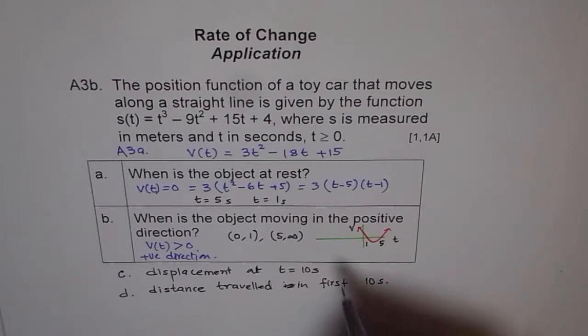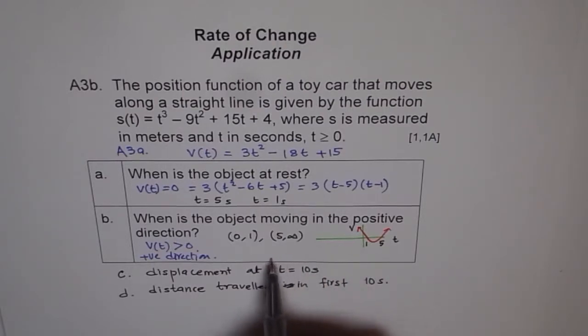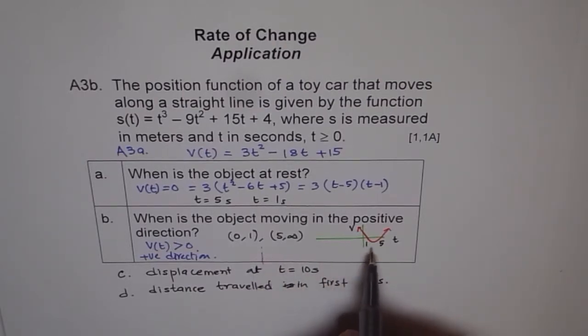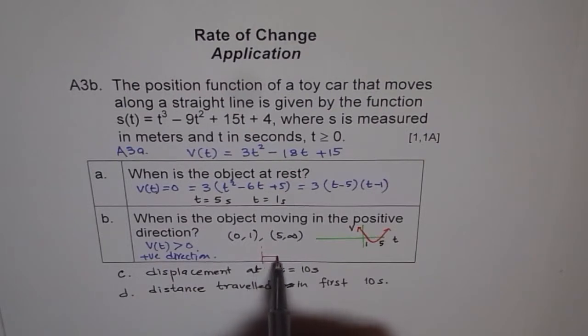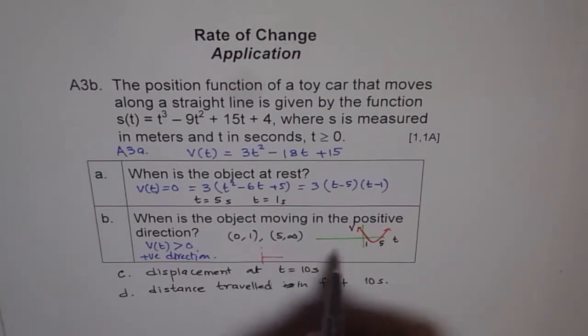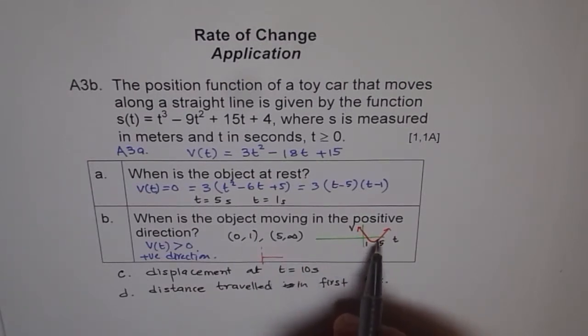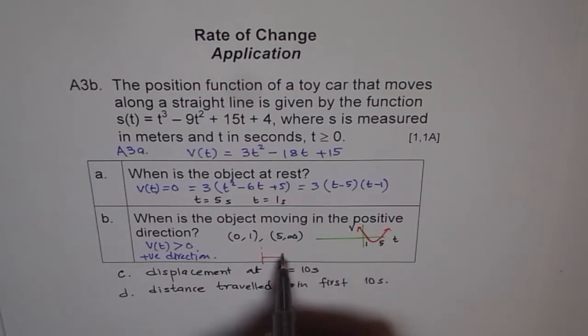What really happens is, as you can see, initially the toy car is going in the positive direction. If I draw it here for you, initially for 1 second the car goes in the positive direction and then it turns back. Do you see that? It turns back. Then from t equals 1 to t equals 5, all this time, it is going in the negative direction.